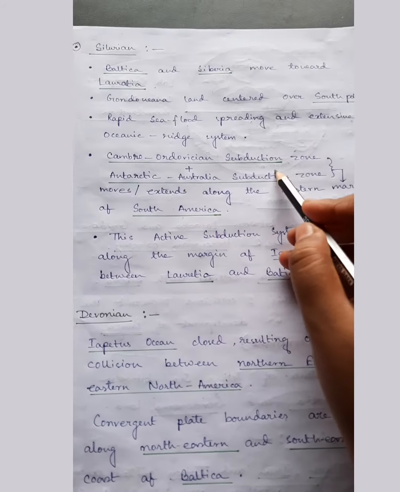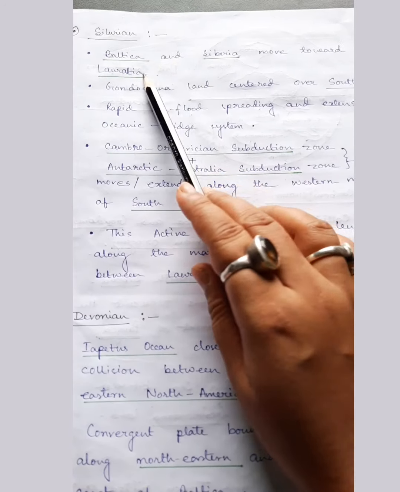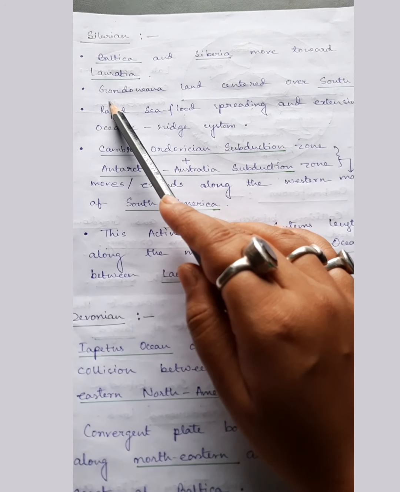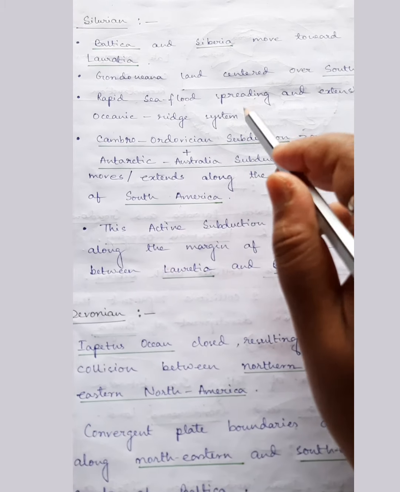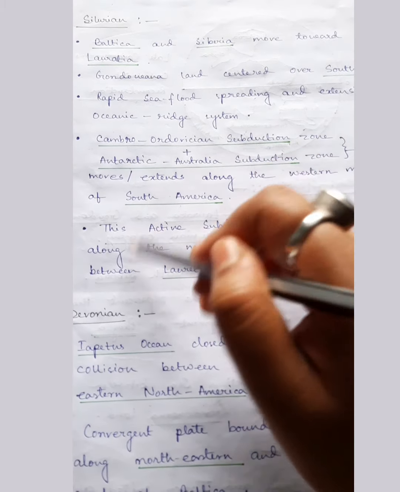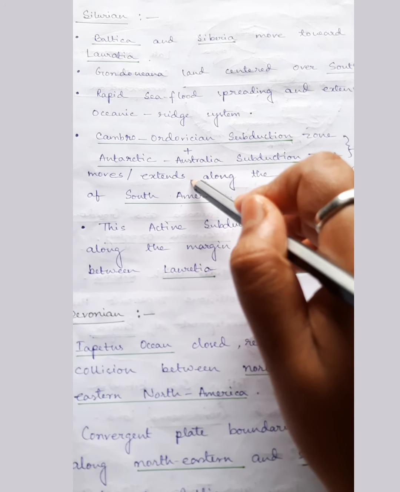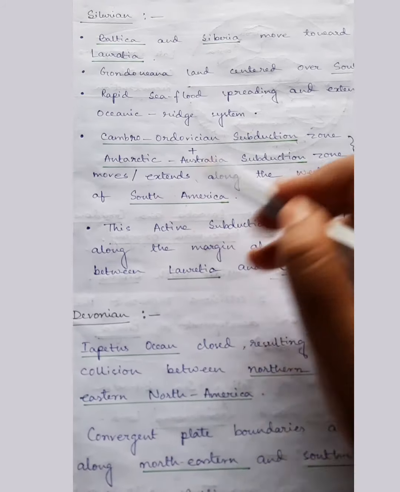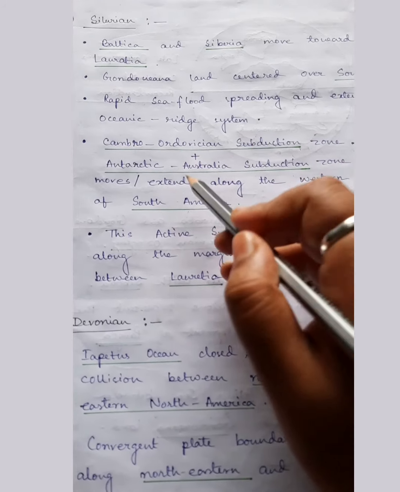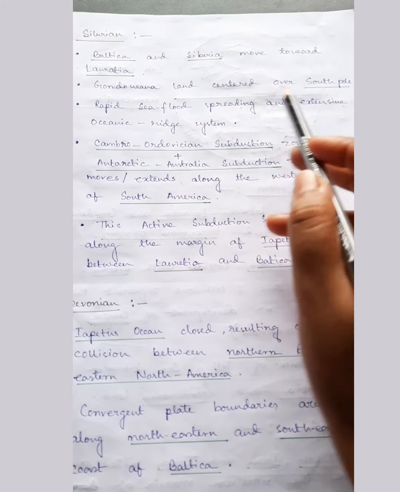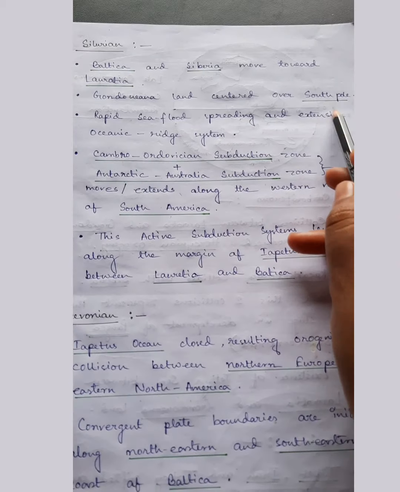Then comes the Silurian period. In the Silurian period, Baltica and Siberia move towards Laurasia, Baltica in the southern portion and Siberia in the northern portion, and both of these continents started to move towards Laurasia, and Gondwana land centered over the southern pole.